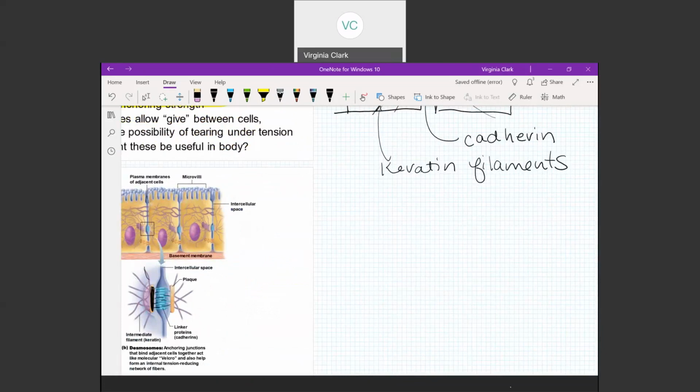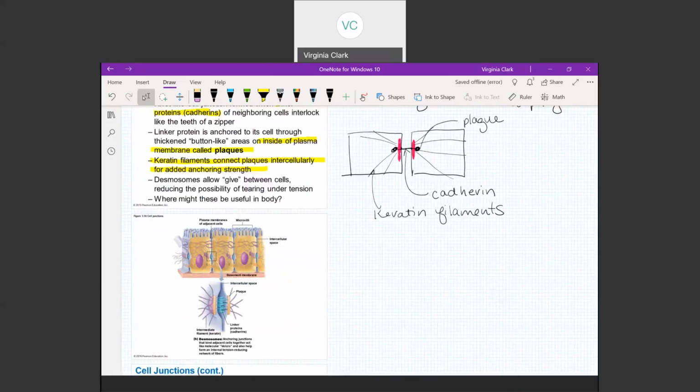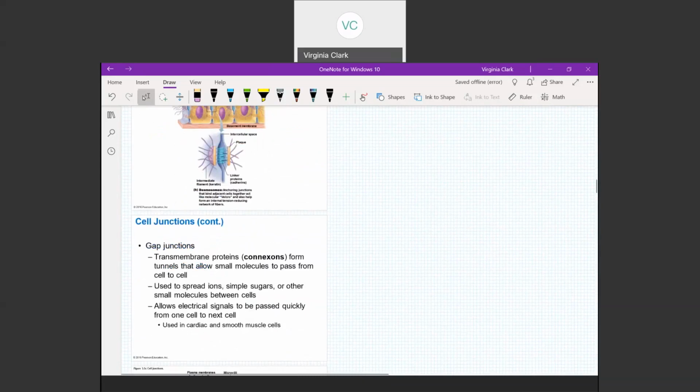That way you can see how the whole thing works. So that's a desmosome. What's important for a desmosome is it will still be able to fit these cells together, really, really important. And it works really well to bind cells into sheets. So it's going to be more of a long connected piece. So your skin will be connected through some of these desmosomes. So that's really important when we get to that chapter.